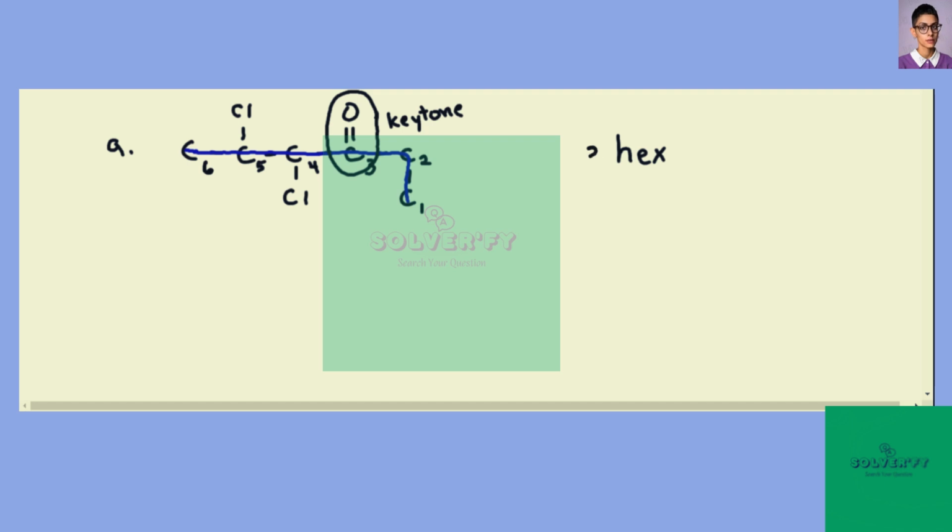So this is 3. 6 means hexane, but we change the ane ending to one. So we have 3-hexanone, but we still need to name our 2 chloro groups coming off here.